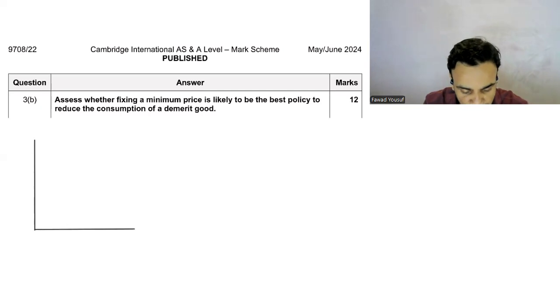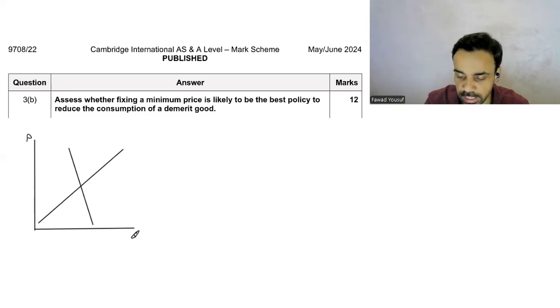So if you feel you can do a better job by making the diagram and then explaining, and since demerit goods are usually inelastic in nature, you want to factor that information in and make it accordingly, it's up to you.